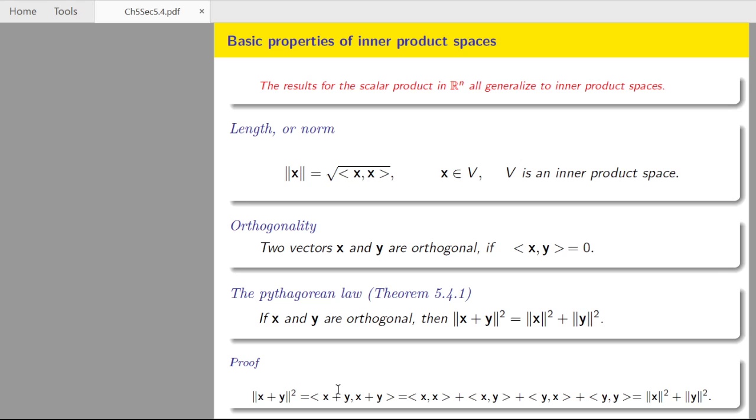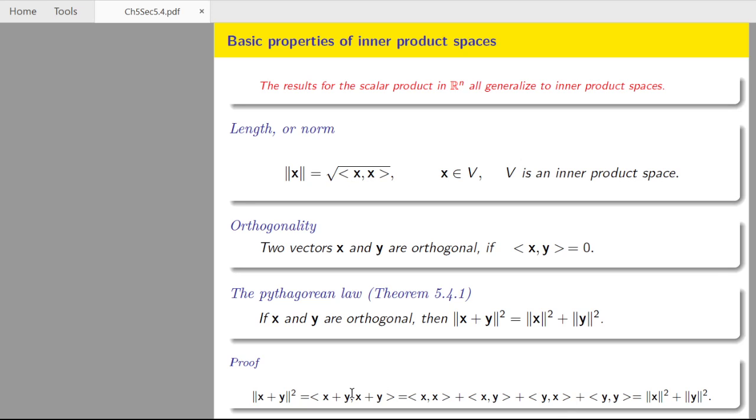Then we can evaluate this inner product according to the third property for the inner product. For the two terms, we can evaluate the inner product between x and x first, then x and y, then y and x, then y and y. So we got this form.